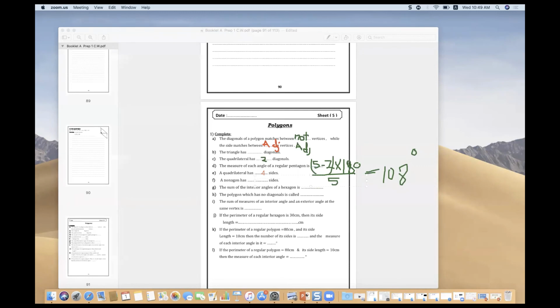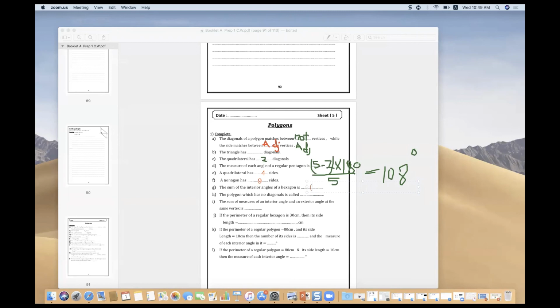The sum of the interior angles of a hexagon: the hexagon has 6 sides. To get the sum of the interior angles, we do the number of sides minus 2 times 180.